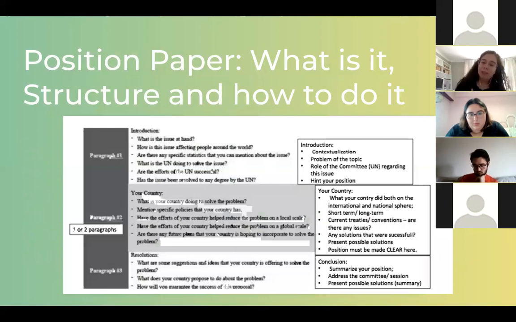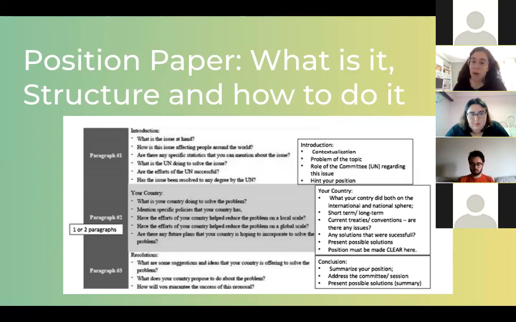We were talking lots about the information you need, but let's focus now on how to do it, the structure. Again, you can have like 4 or 5 paragraphs. The number of paragraphs is not obligatory.